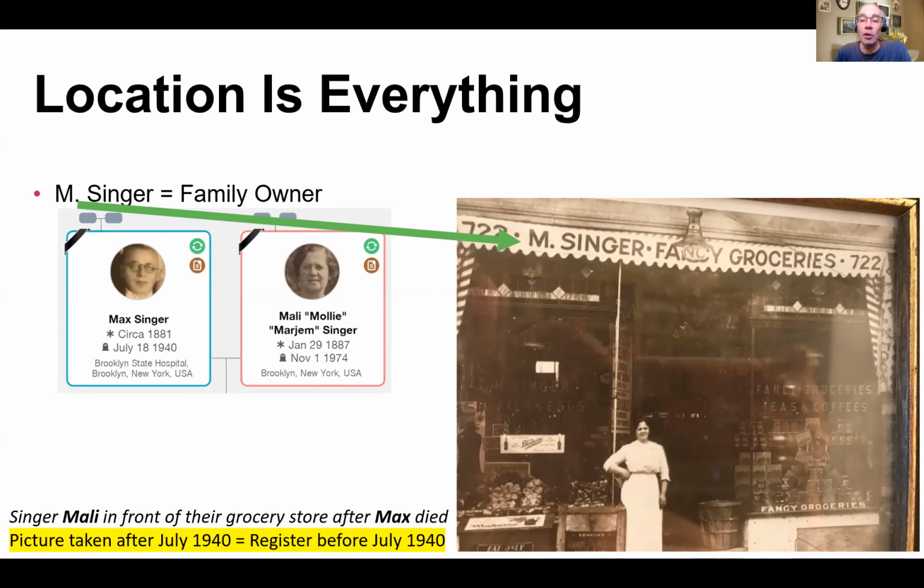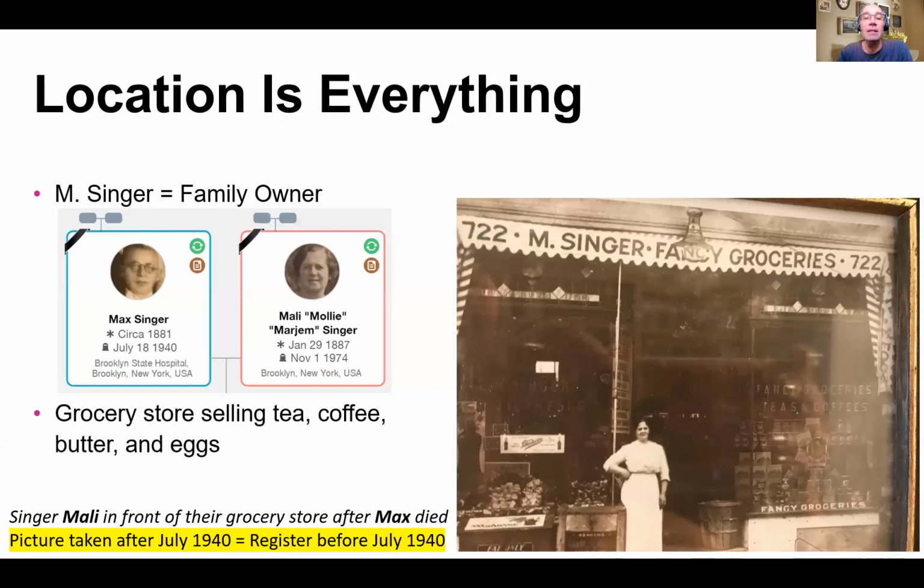Now, I also learned from the information passed to me that the Singers had a grocery store, that Max died, and this picture was actually taken after July 1940. So one of the documents that I would like to find out in my research is the registration of this store, and I already know that I actually need to look for registers before 1940.